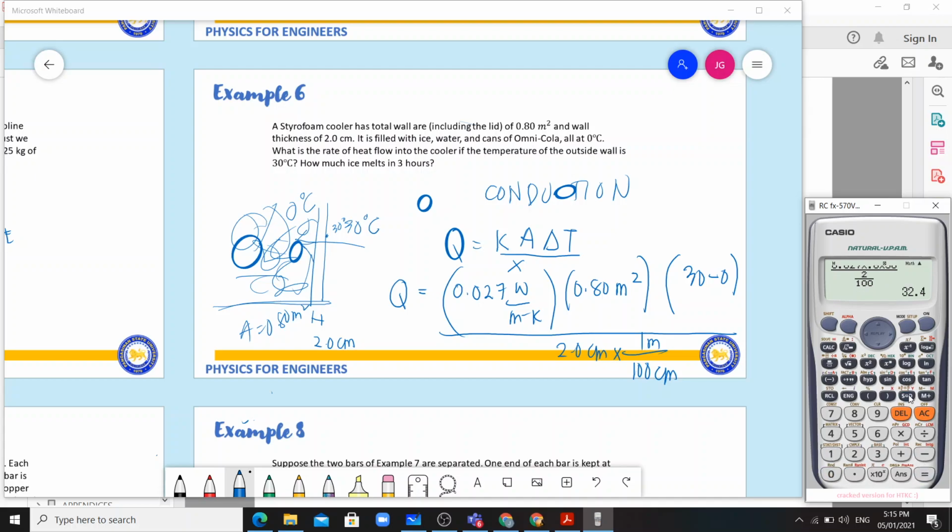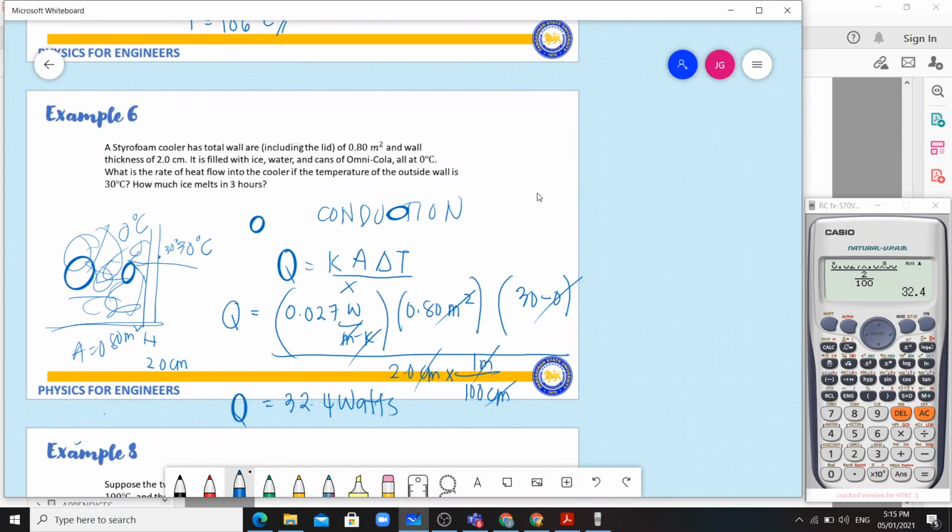The unit of this is watts per meter Kelvin times meter squared times Kelvin over meter, so the answer is 32.4 watts.